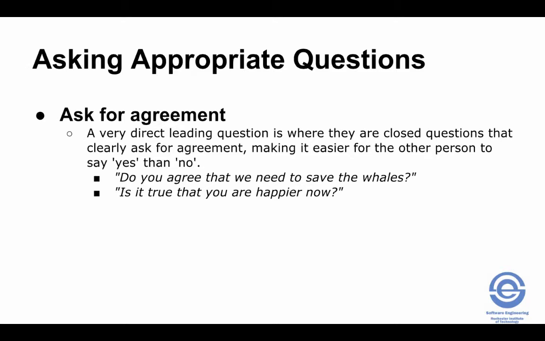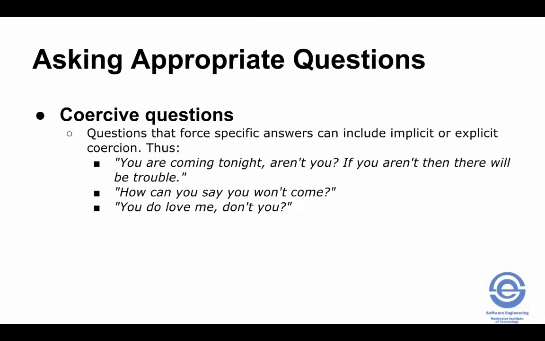But in this case, you're really asking the user to agree with you, and if they disagree with you, it creates almost like a rift, almost like a, for lack of better words, disagreement. And so the users will be much less likely to want to disagree with you. And so you want to make sure that you don't ask the user for agreement.